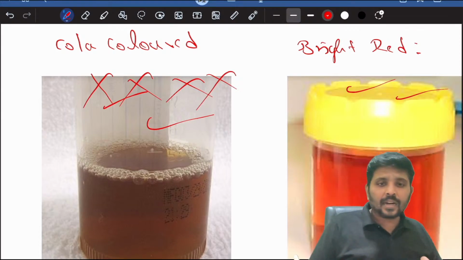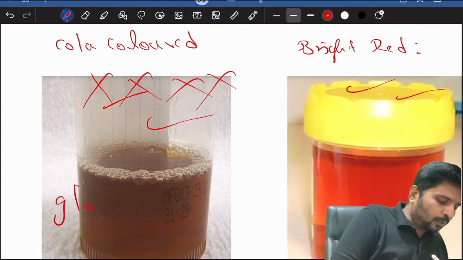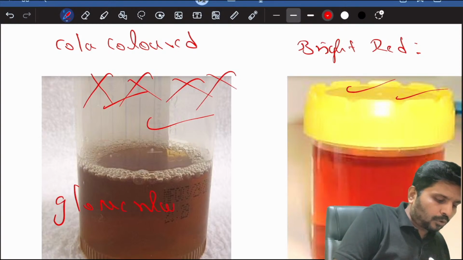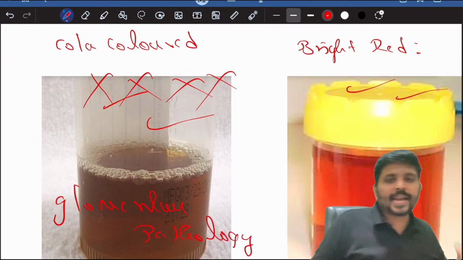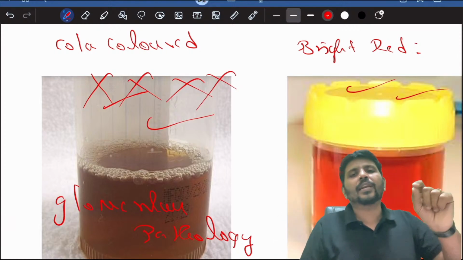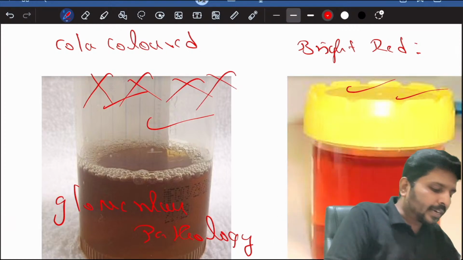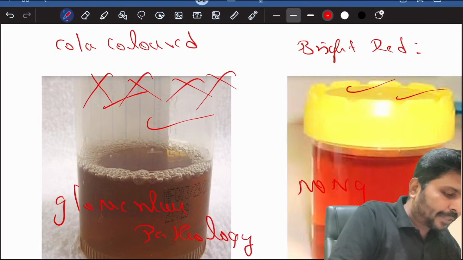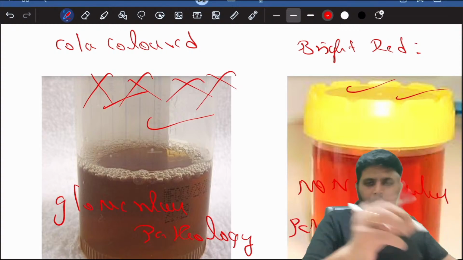So cola colored urine means glomerular pathology. Whereas bright red urine means RBCs are intact. That's why you will get the bright red color. So it is non-glomerular pathology. Point number 1.